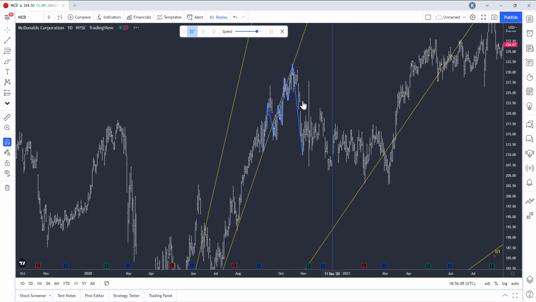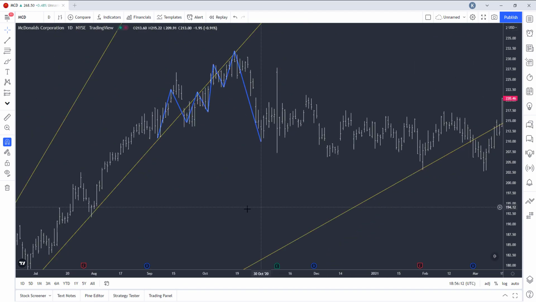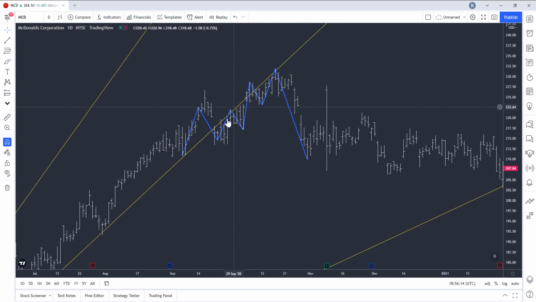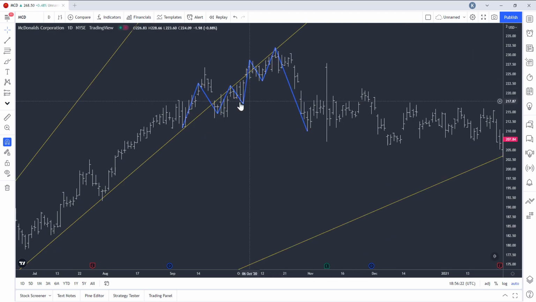Right? So this is how you can have a better understanding of your stock or commodity if you have a time cycle working on the instrument.